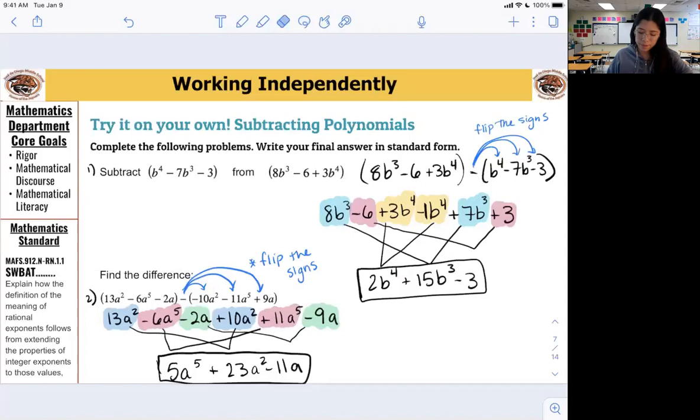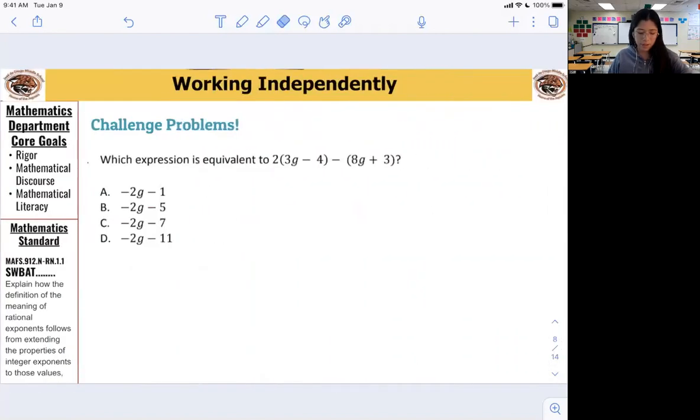Okay. All right. Let's do this one. So this one's only just adding one little different thing. What's different about this one? Look at it carefully. What's different?